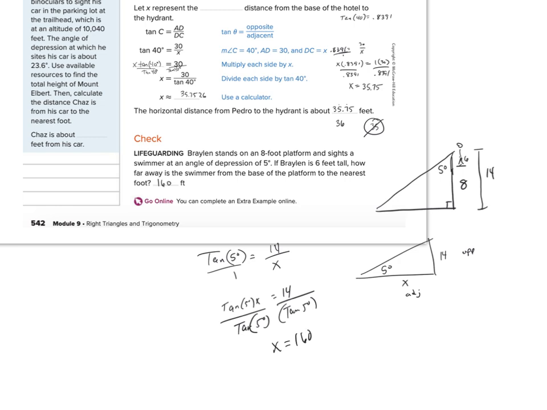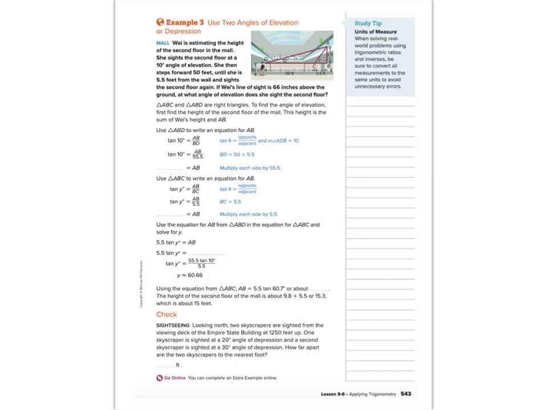We're talking about feet, so he is about 160 feet away, 160.0207 to be exact, or a little bit more precise, rounding to 160 feet. So there you go. Being able to do those basic number manipulations.